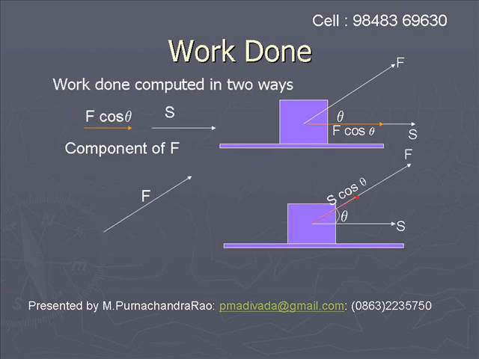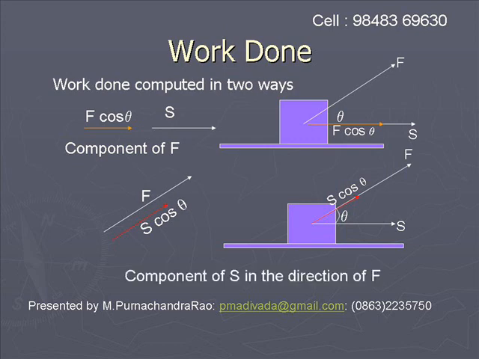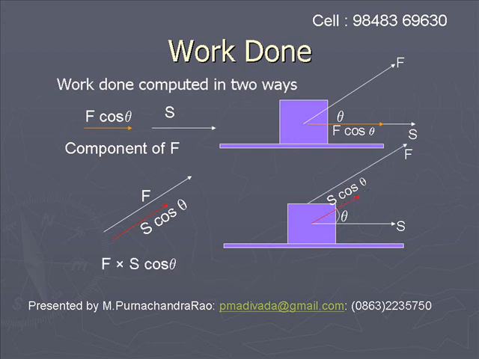Then the component of displacement in the direction of force is S cos theta. Hence, work done can be computed as F into S cos theta. So, the work is Fs cos theta.